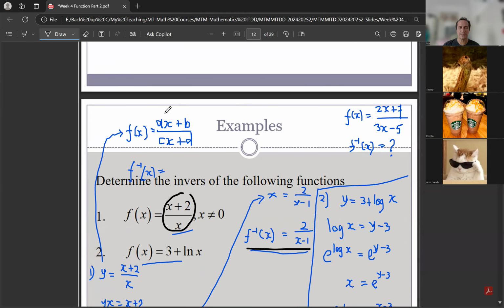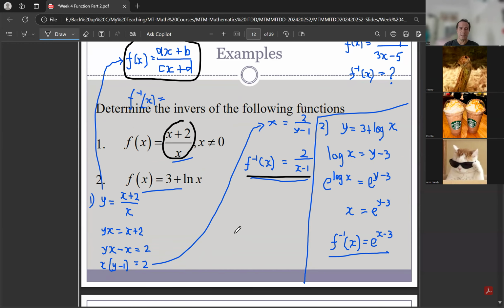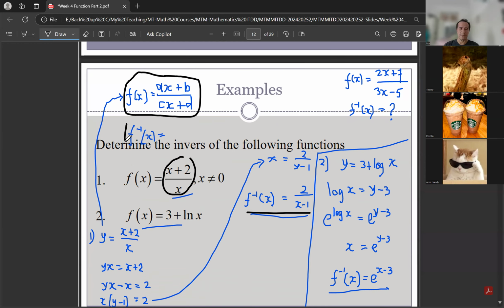The rational function can be extended into a complete form like this. And by using the same procedure as in this example, we can also find the inverse of this function.